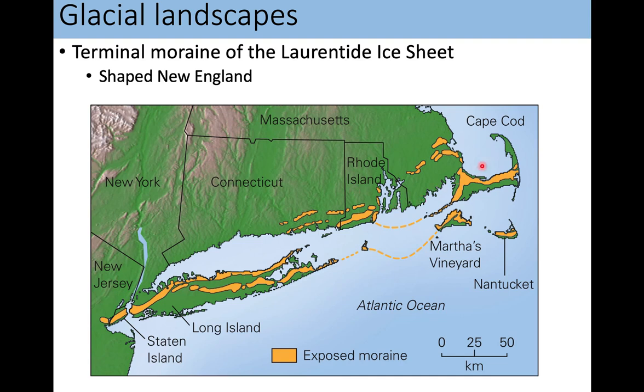So this is where the end of that conveyor belt was. And the ice sheet just poured sediment here over and over for many, many years, to the point that it actually built up to be higher than sea level. So it actually added all of this land. So these islands, Cape Cod and Long Island, were actually formed by the glacial conveyor belt.